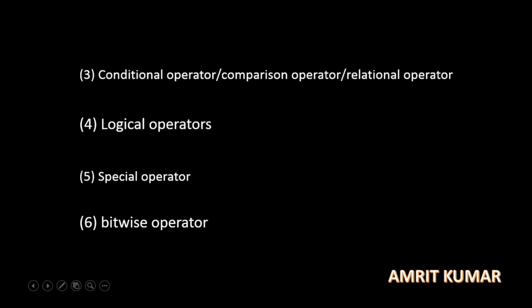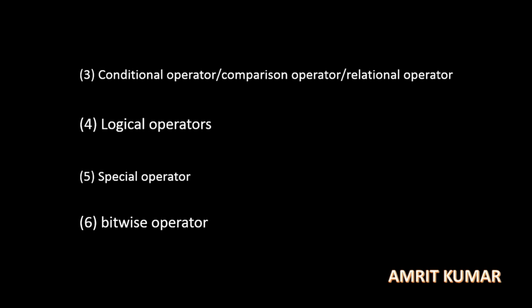Then the conditional operator, also known as the comparison or relational operators. And in logical operators, we studied the AND operator, OR operator, and NOT operator. This was a very important one also.